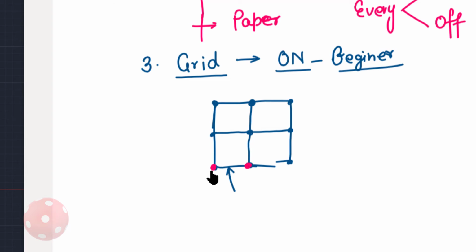In the same way, if you go upside, then your cursor will go directly here. It means you cannot move inside the rectangular part. You will not be able to move in this hatched part. You will be able to jump only on the corner points if snap grid is on. It means the fourth one is your snap grid.